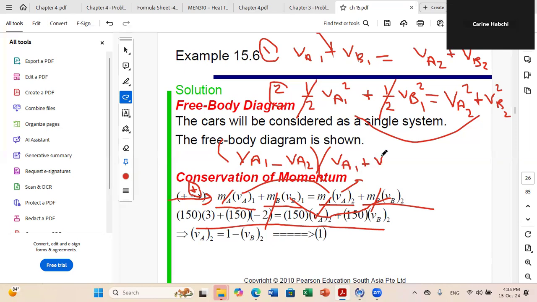From the other side, you will have VB2 squared minus VB1 squared. So if you factorize, you get VB2 minus VB1 times VB2 plus VB1.